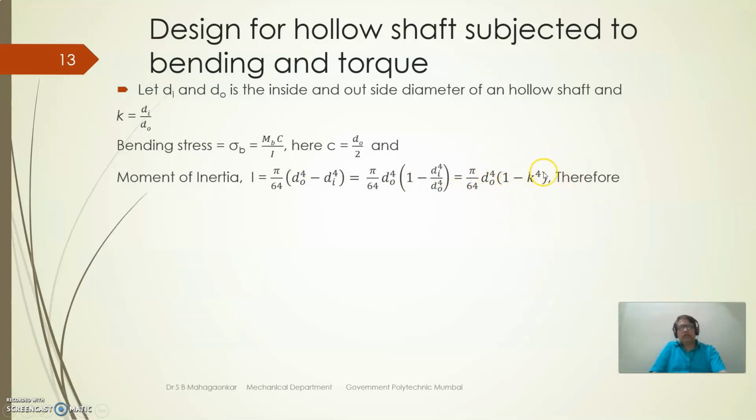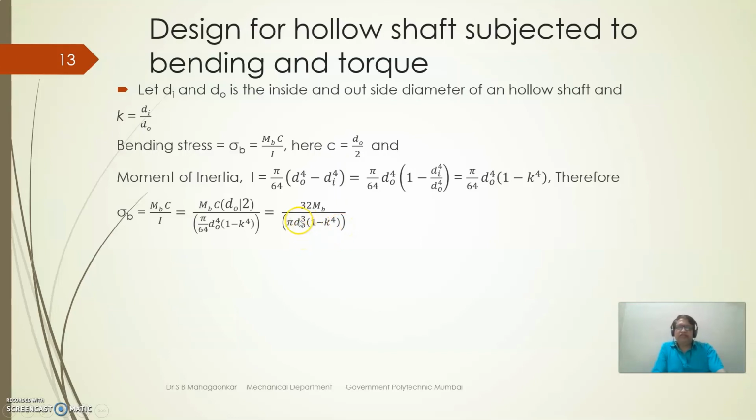You have to remember this: in the solid shaft we use d raised to 4, whereas in the hollow shaft it is d0 raised to 4 multiplied by 1 minus k raised to 4, where k is the ratio of inside to outside diameter. Similarly, you can calculate the bending stress sigma b by putting in these values, and I get 32 M_b upon pi d0 cubed into 1 minus k raised to 4.